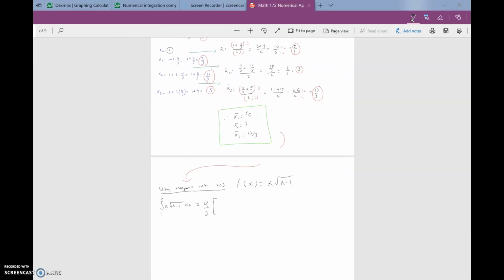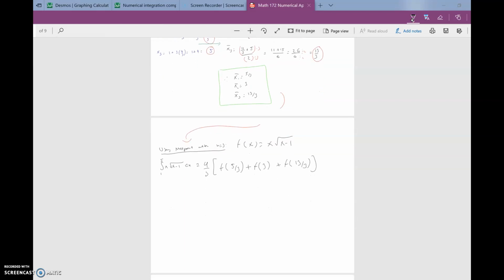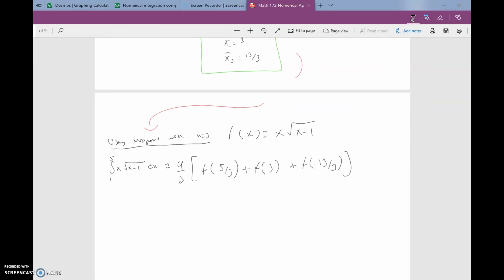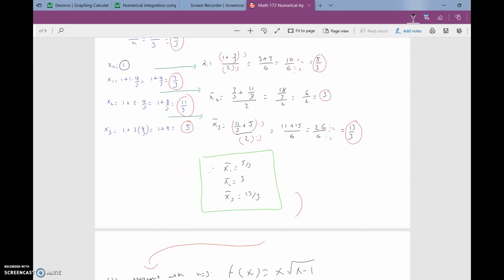So it's going to have f of 5/3 plus f of 3 plus f of 13/3. So we're looking at 4/3 times, and let me just evaluate this. It's x square root of x minus 1.